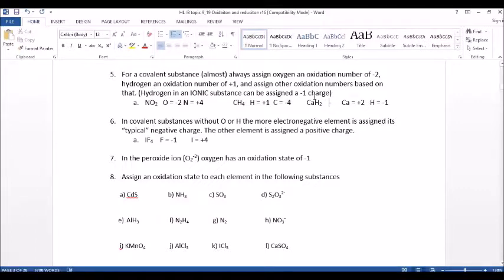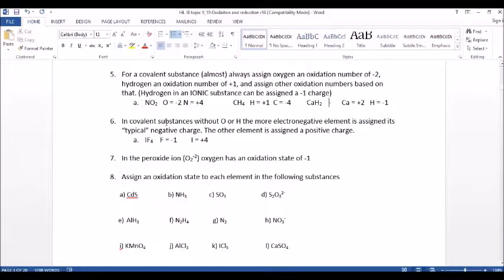This brings up the point: oxidation numbers aren't necessarily real per se. It's more just a system and a way to keep track of what electrons are doing. So even though covalent substances don't form from ions like ionic substances do, we can still assign oxidation states in a standardized system, and we can still use it in redox reactions to keep track of electron changes. It's a model that helps us understand things.